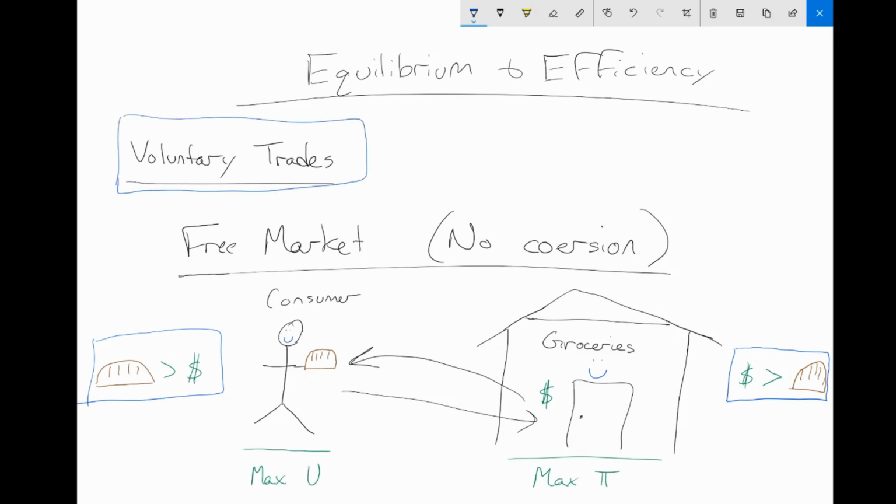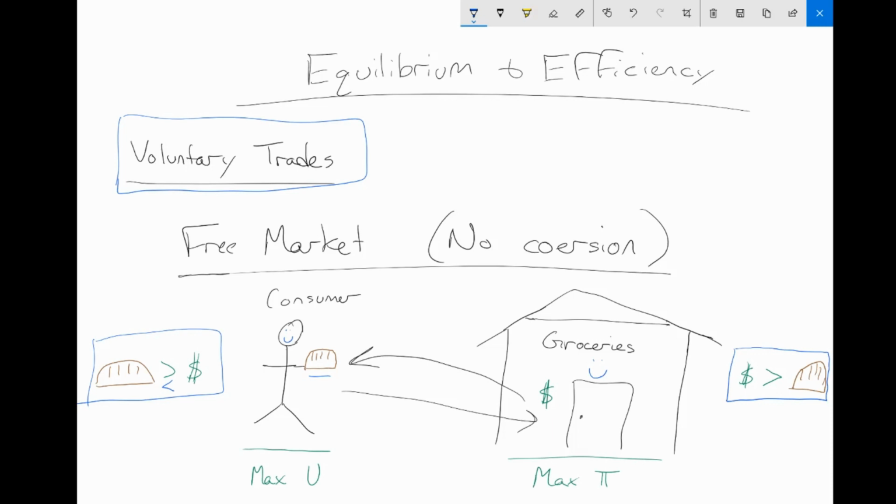Now the question is, would the consumer buy the loaf of bread if the consumer put less value on the bread? Well, as long as the trades are voluntary, as long as people are able to choose, the consumer would not buy the loaf of bread if they put less value on the loaf of bread than they did on the money.